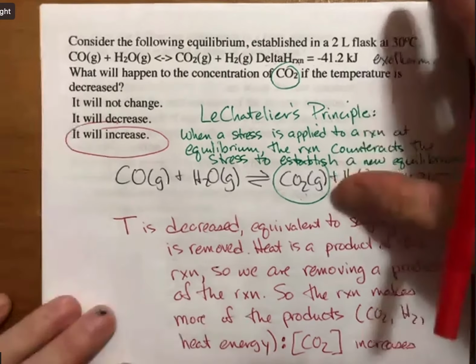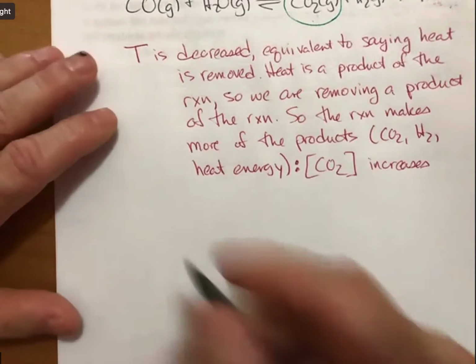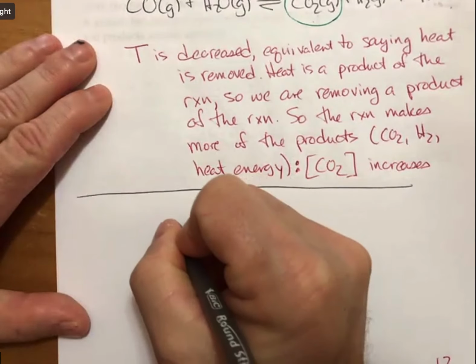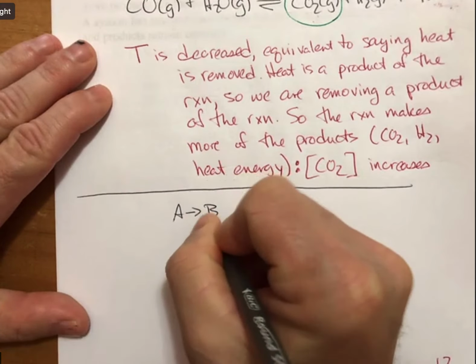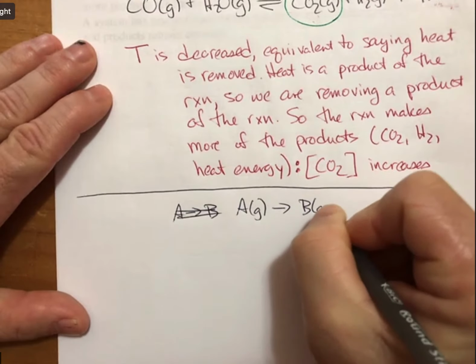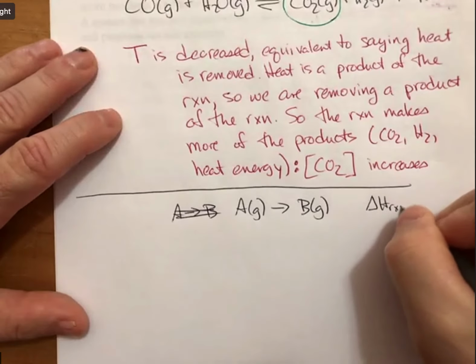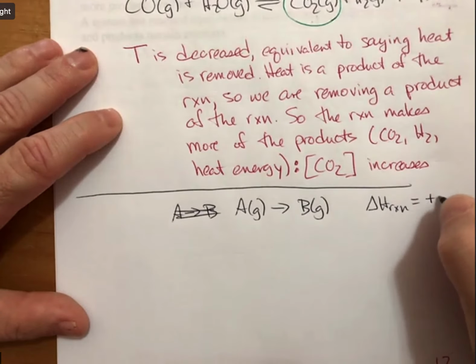Great question. So let me do a counter example that I think illustrates that. It'll just be a generic one. A goes to B, and this time it's endothermic, okay?